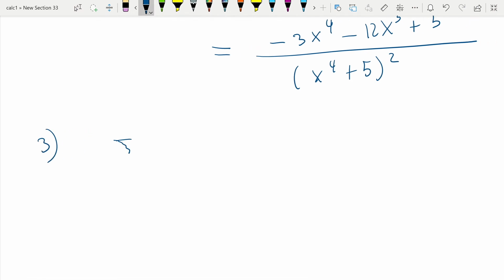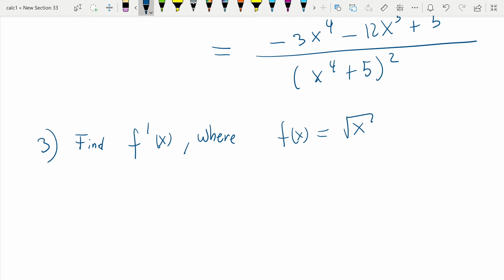So find the derivative of f where f of x is equal to, say, the square root of x divided by e to the x.